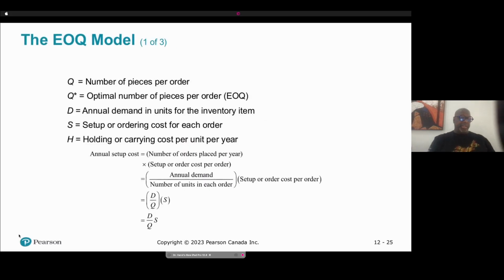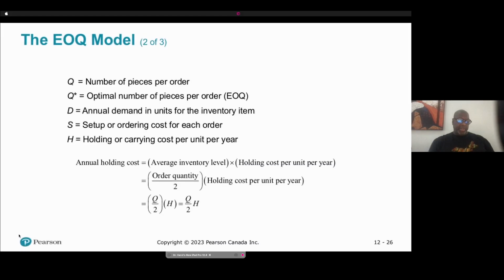And then this is just to give you the nomenclature: number of orders, pieces per order or your order quantity, your annual demand, your setup cost or ordering cost, your holding cost per year, and then of course this is your optimum quantity. I just showed you that this was the ordering cost, and then there's the carrying cost, right?